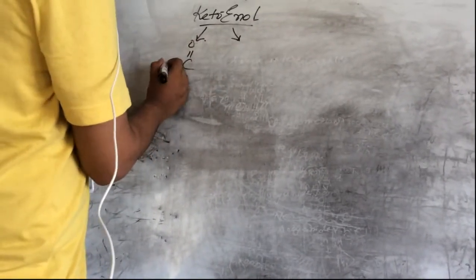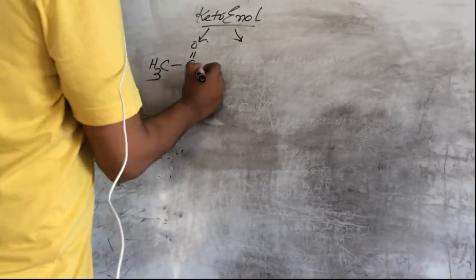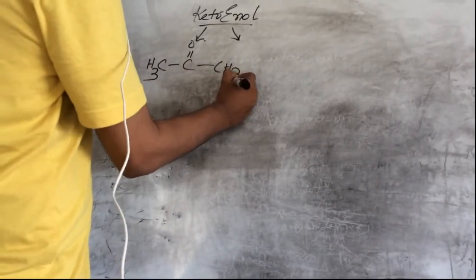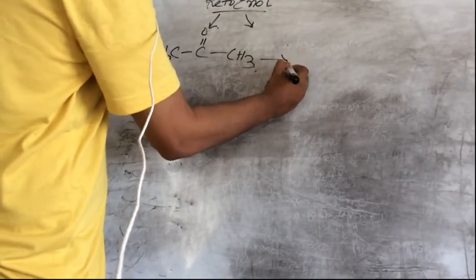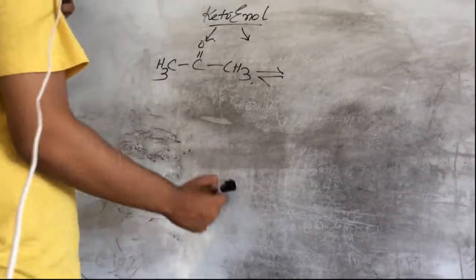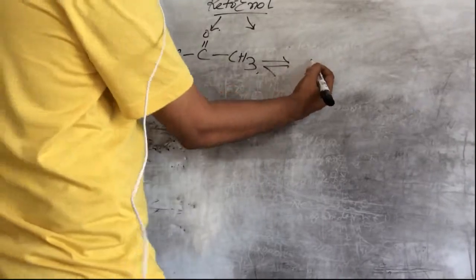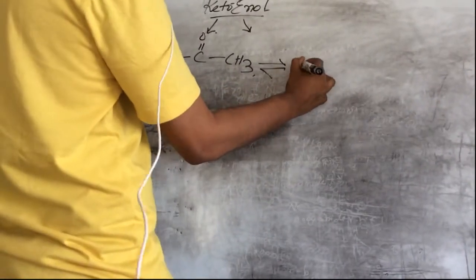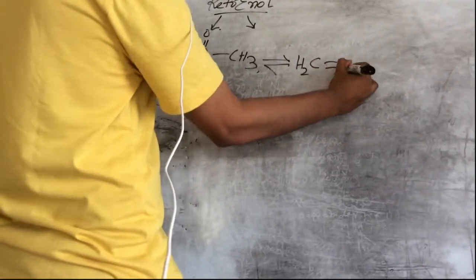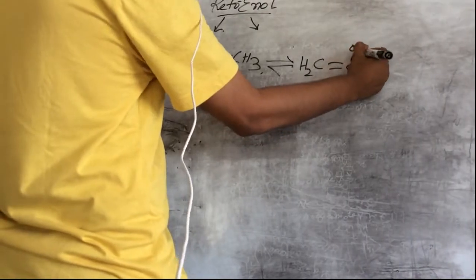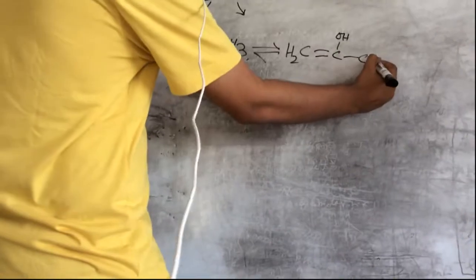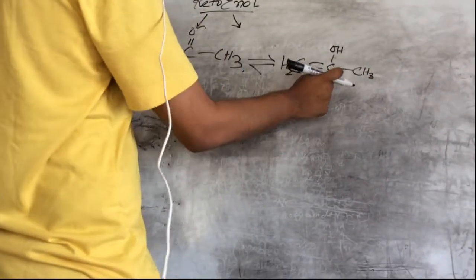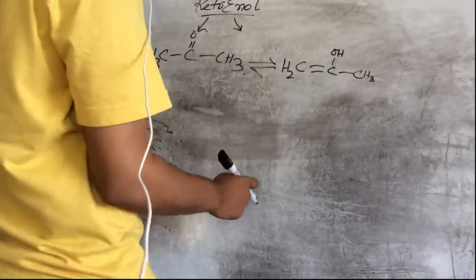So keto group is, this one is a ketone, propanone, and it remains in equilibrium with an enol, that is CH2=C(OH)CH3.